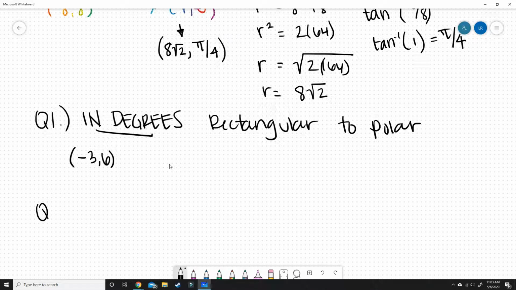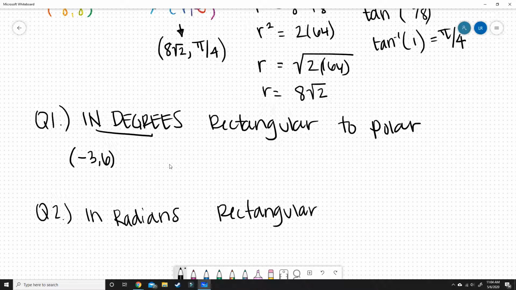And then for question 2, I want you to do this one in radians. And again, you're going to go rectangular to polar.